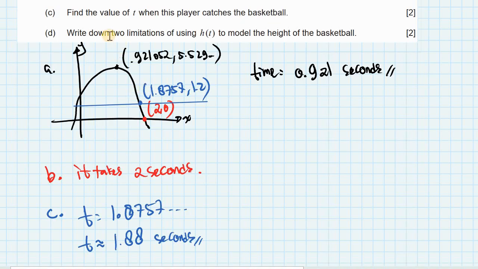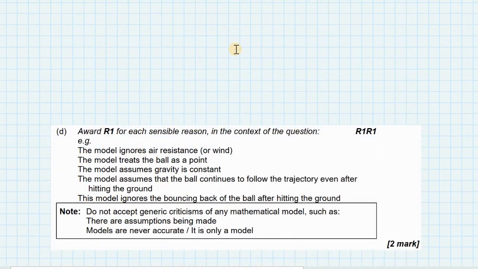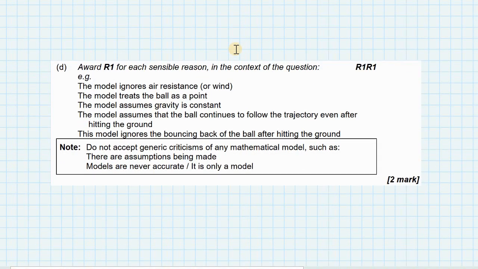Question D. Find two limitations of using h(t) to model the height of the basketball. This one is an open-ended question. As long as your answer makes sense, it's correct. I already screenshotted possible answers that are allowed from the mark scheme.